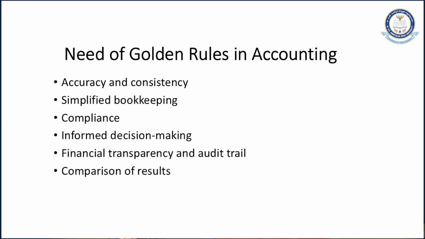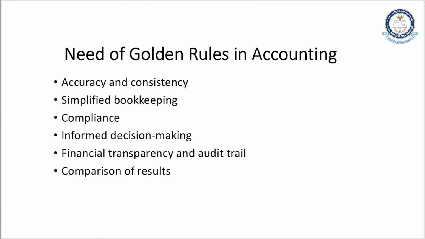So any kind of audit, inspection or supervision happens with utmost sincerity, because the transparency is there in the accounts. We exactly know how each transaction is recorded, because we follow the golden rule.